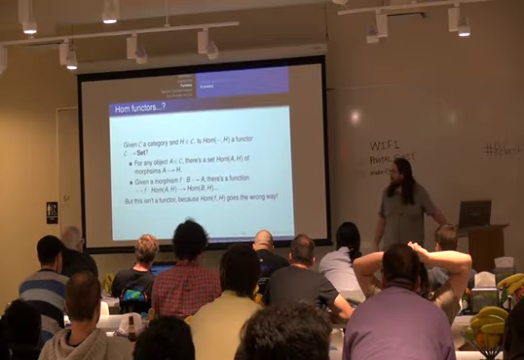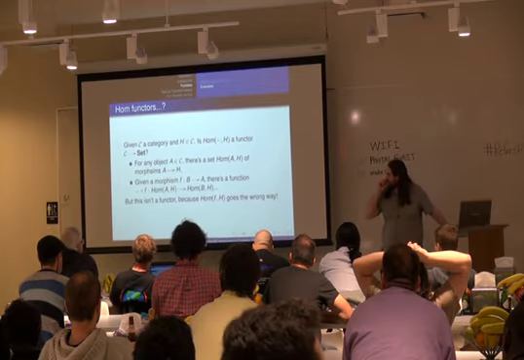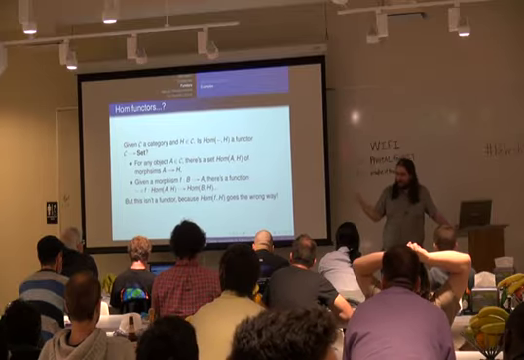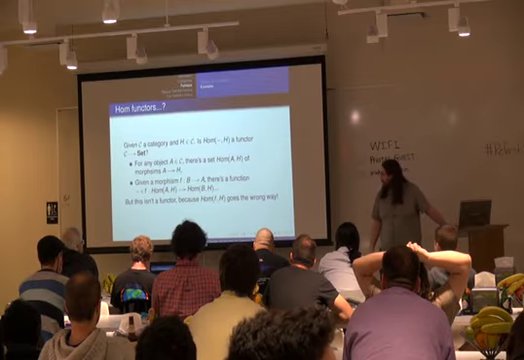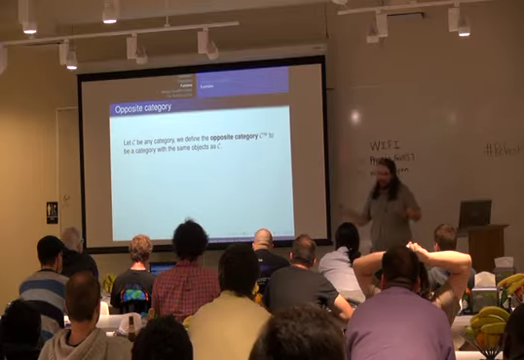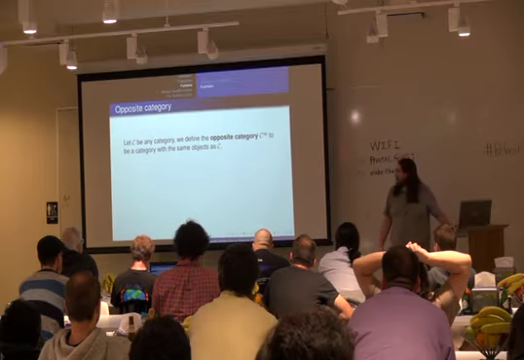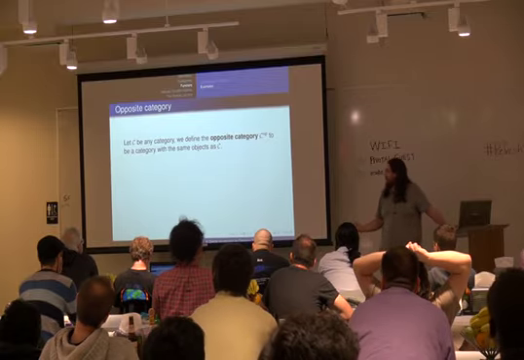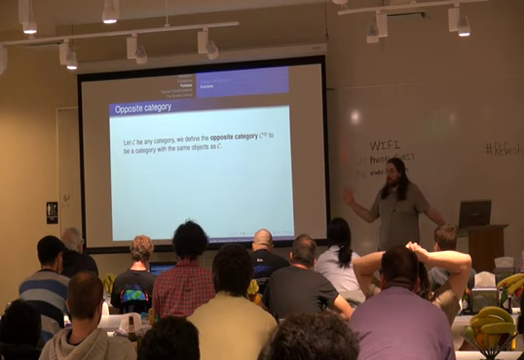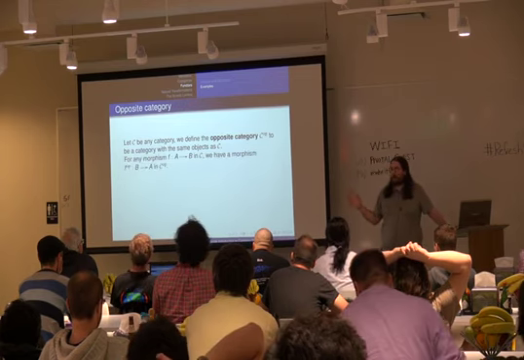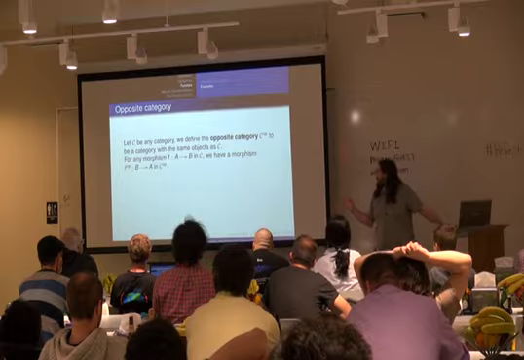These sorts of things come up a lot, things that almost are functors, but they turn things around. So we have a way of dealing with that. If I've got a category, I can make something called the opposite category. It has all the same objects that C does, except that the morphisms go backwards.